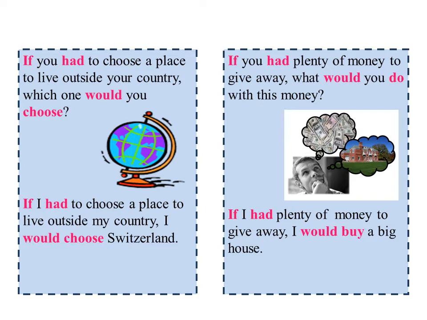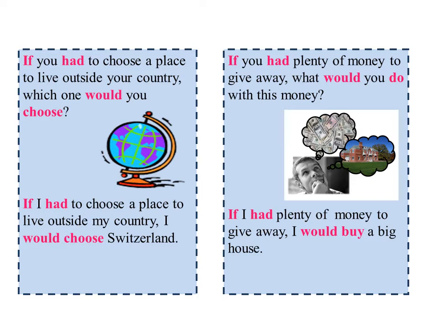Now, if you had to choose a place to live outside your country, which one would you choose? Possible answer: If I had to choose a place to live outside my country, I would choose Switzerland. So here I am trying to imagine a country that I would really love to live in.